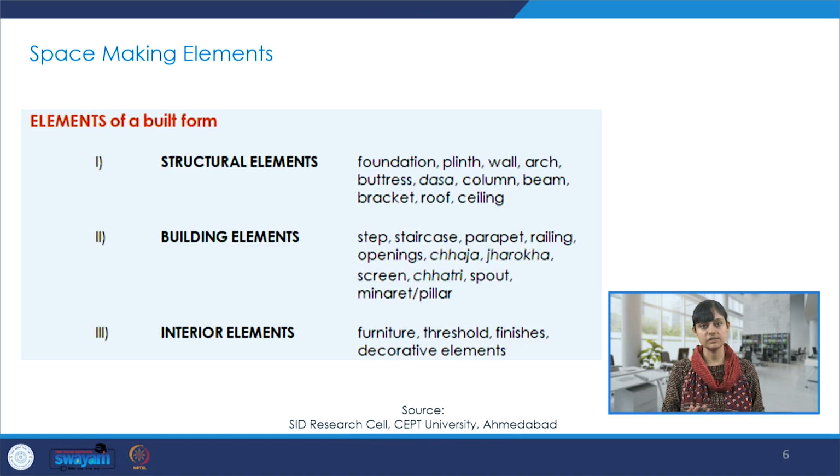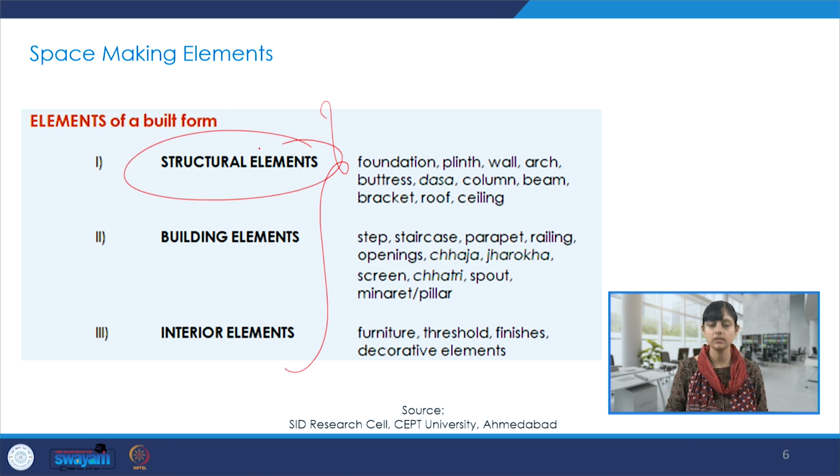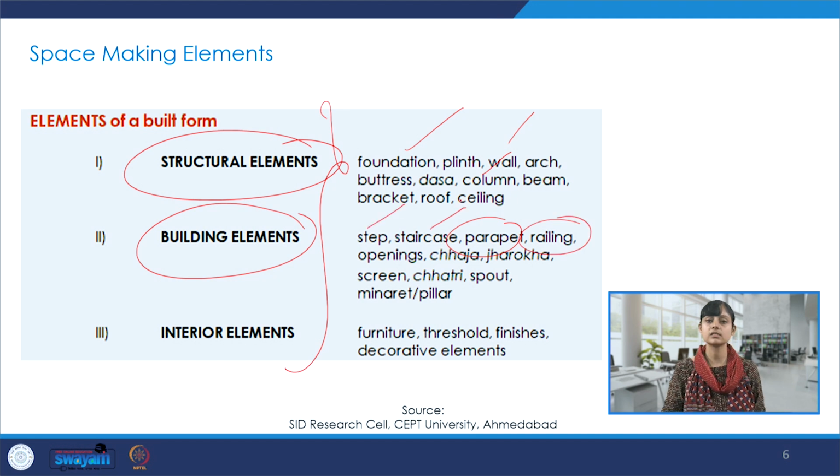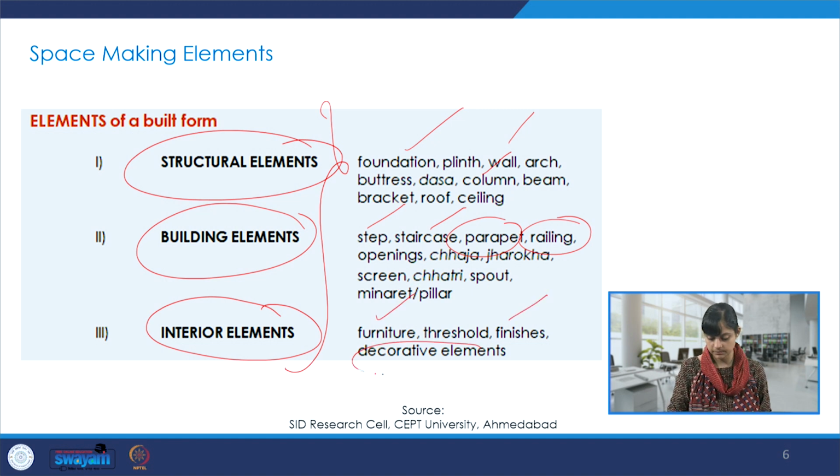There is another classification which talks about these three orders. So, one is the structural elements, again, such as foundation, wall, column. And then there are building elements where we see parapet, railing, step, staircase. And then interior elements such as furniture, finishes, and some decorative elements.